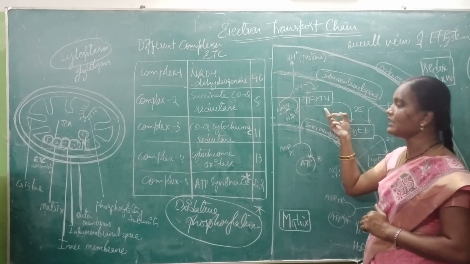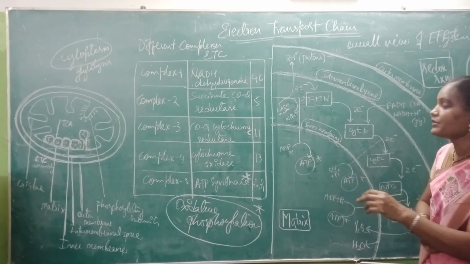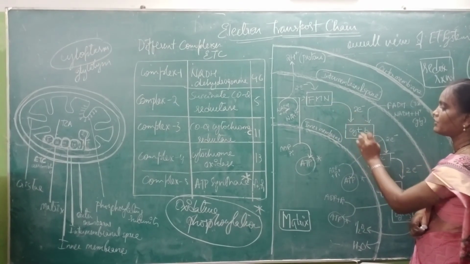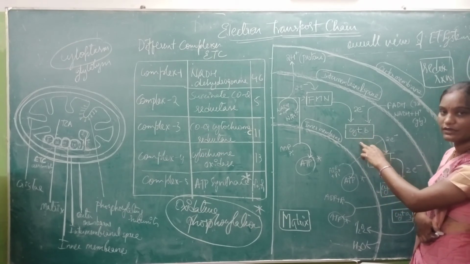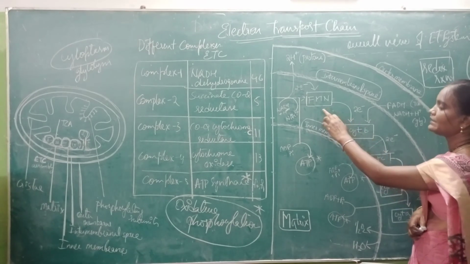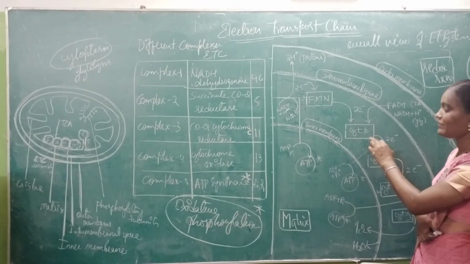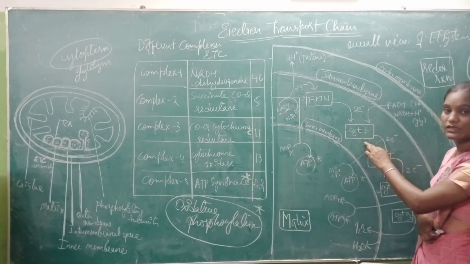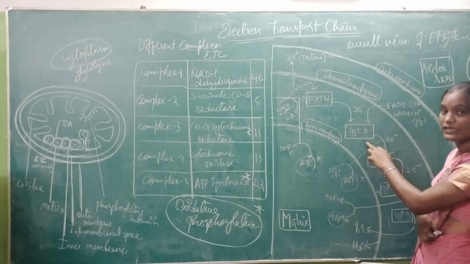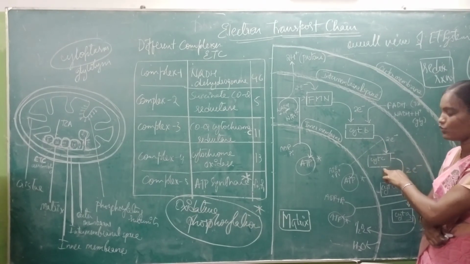Having gained 2 electrons from NADH, FMN will also give up 2 electrons, donating them to the cytochrome B complex. Now this cytochrome B complex will be converted into reduced form, and FMN is converted into oxidized form. Next, cytochrome B will again release 2 electrons to cytochrome C. So this is losing electrons, so it is oxidized form, and this is reduced form because it is gaining 2 electrons.